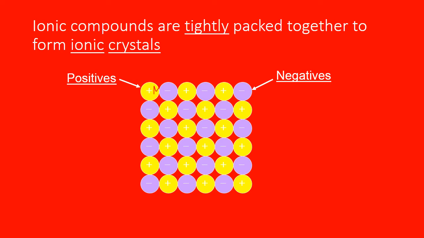The yellow one is surrounded by blue ones, and the blue one is surrounded by yellow ones. This regular pattern is what we call a crystal lattice.